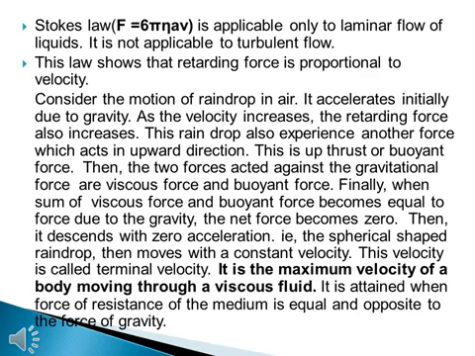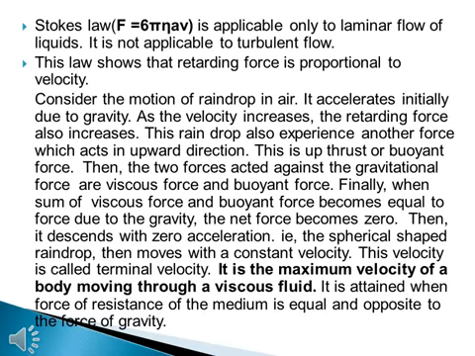This force is upthrust or buoyant force. It is the force exerted by the air against the weight of the raindrop in the upward direction, as the air is a fluid. Then, these two forces acting against the gravitational force are the viscous force and the buoyant force.